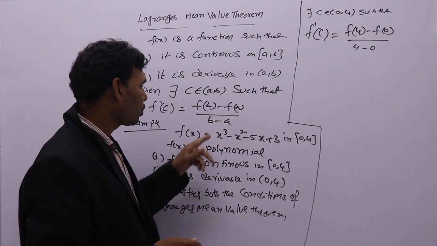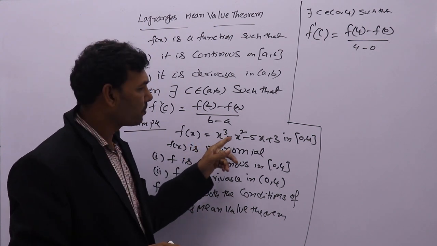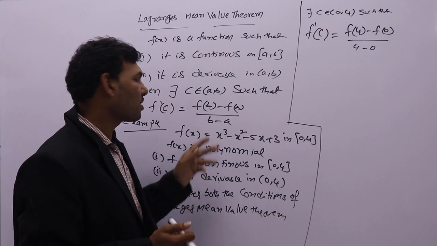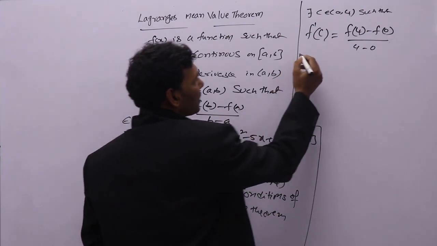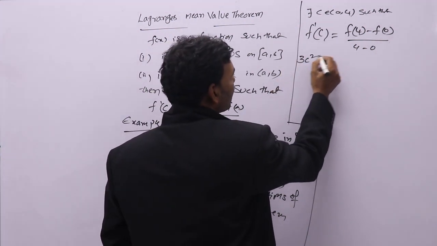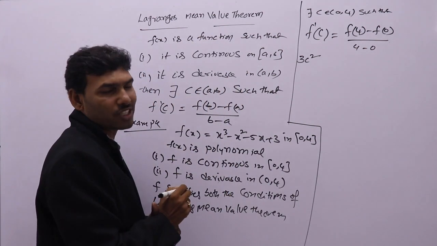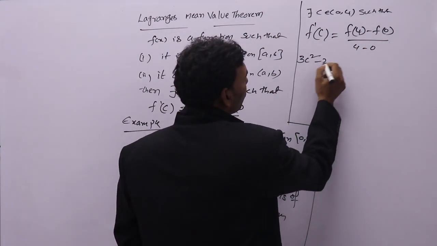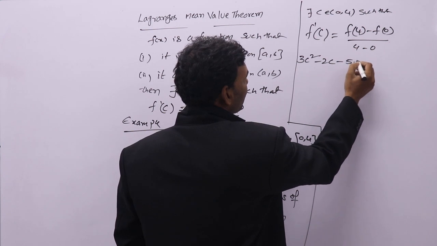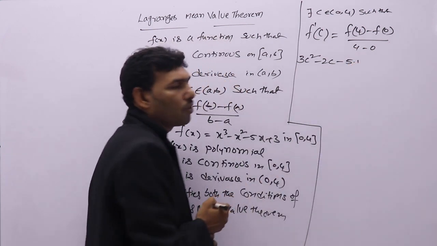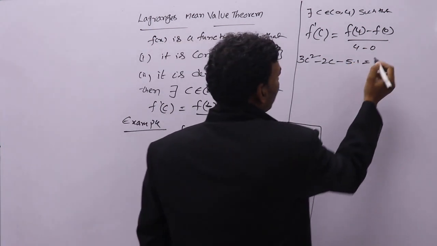Here you have c cube, c square and 5c. Differentiation of c cube is 3c square, differentiation of c square is 2c, differentiation of 5c is 5.